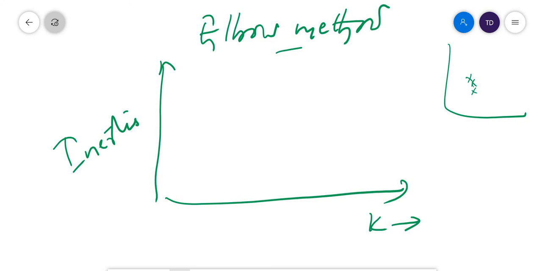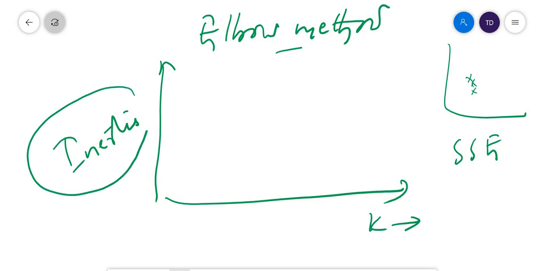We call it the sum of the squared distances of the samples to their closest cluster center. That we call the inertia.